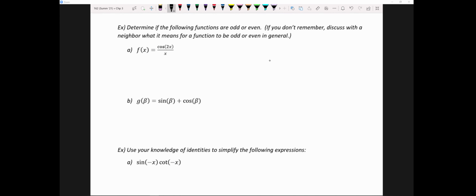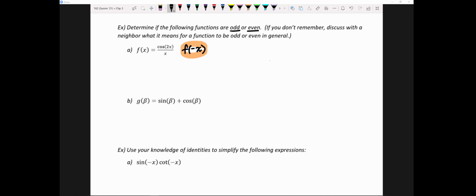If you're asked to determine if a function is odd or even, you negate the input to see what comes out. If the negative sign goes from inside to outside, the function is odd. If the negative sign gets dropped, the function is even. If neither of those cases is true, then your function is neither even nor odd.